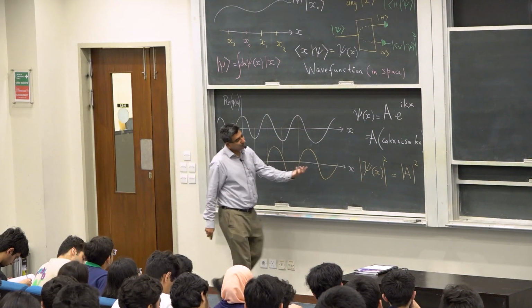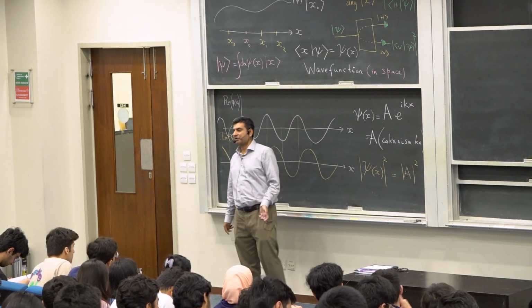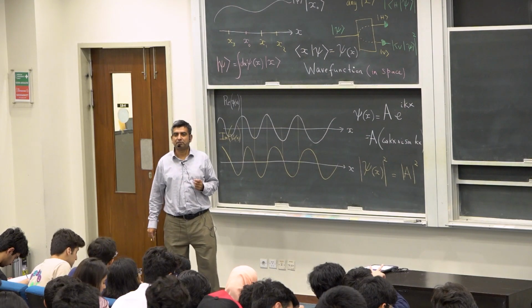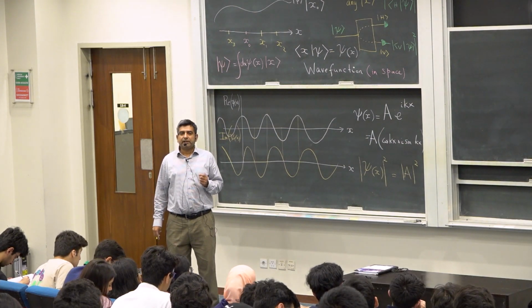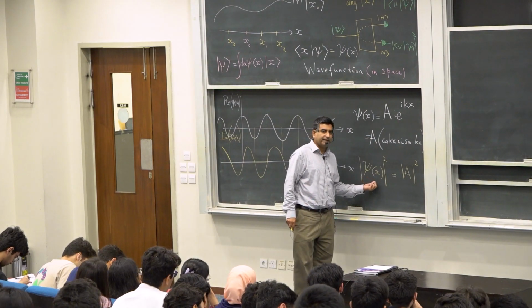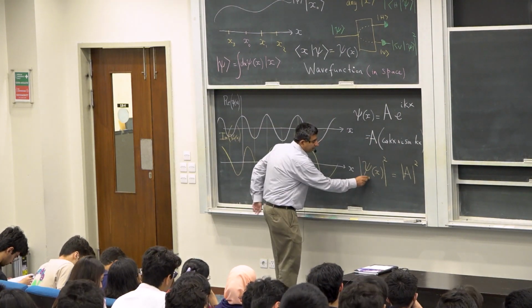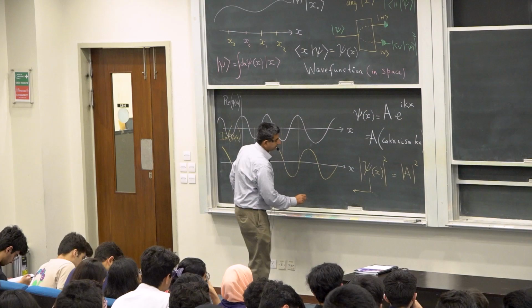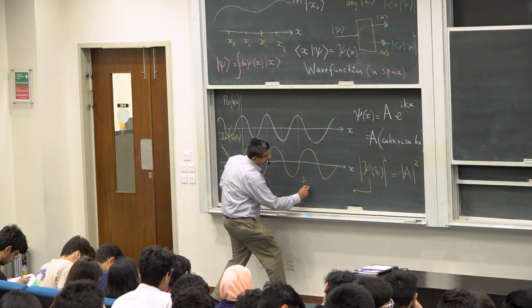Now this object, the modulus square of the wave function, has a meaning. This is called the probability density.